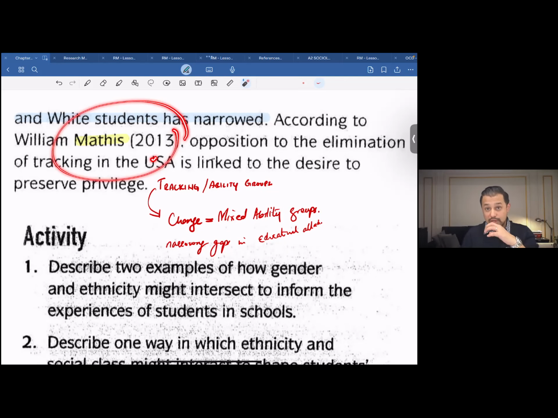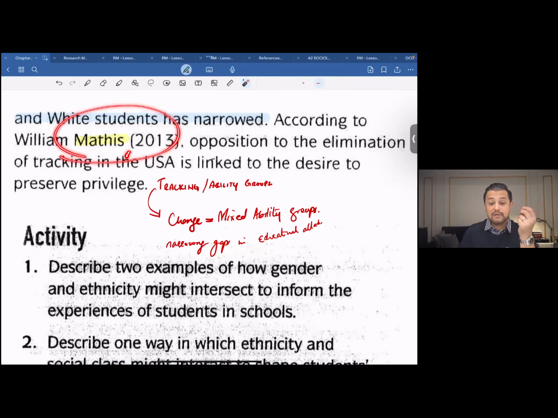So let me repeat what I'm trying to explain: there is a considerable amount of evidence that when schools switch from ability grouping to mixed ability grouping, where you put everyone together and teach them together, and the ones who you think require help you give extra help, it has actually narrowed the gap between the educational performance of the white majority and members of the ethnic minority.